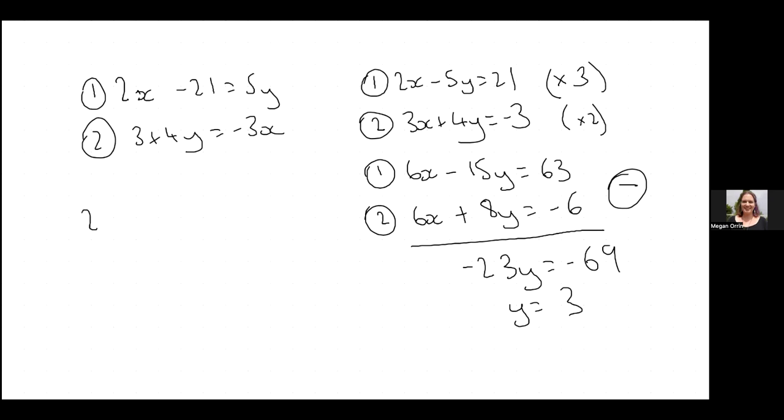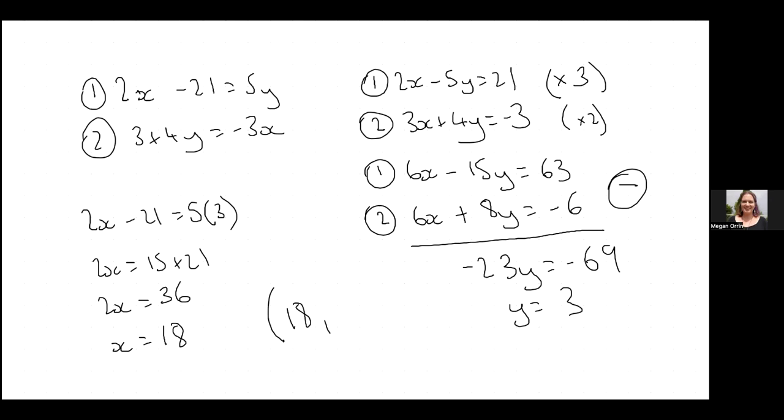So 2x minus 21 equals 5y. So then 2x equals 15 plus 21. So then 2x equals what? 36. So x is? So that's my point of intersection.